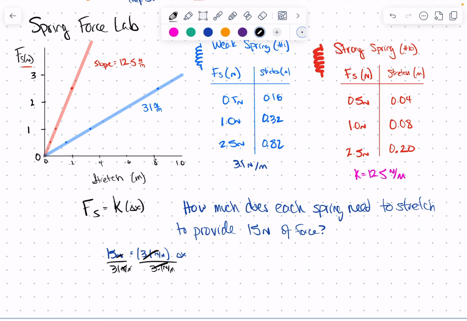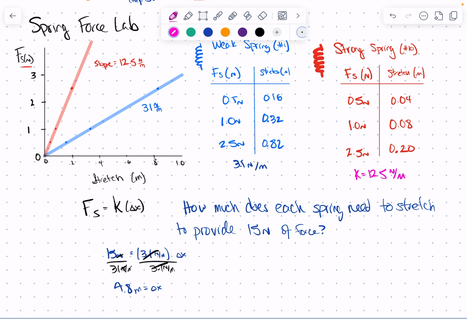Let me clear this out. And we get 4.8 meters. So we'd have to stretch the weak spring 4.8 meters in order to get that much force.